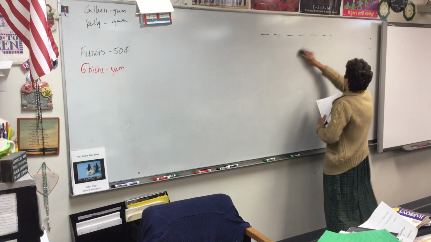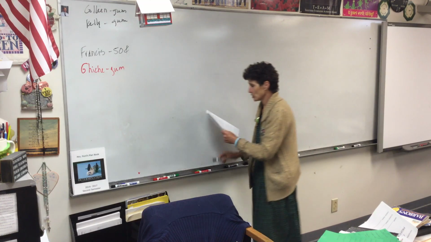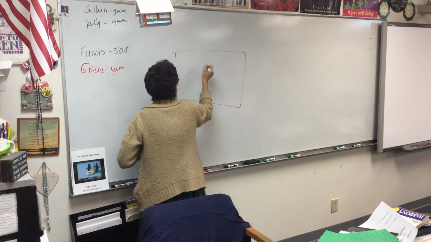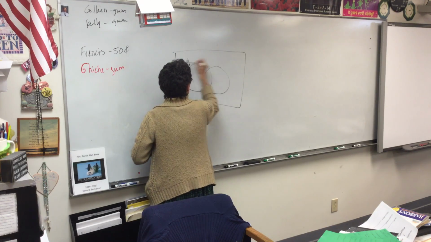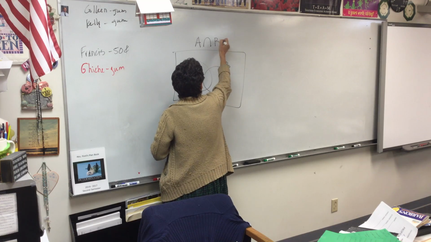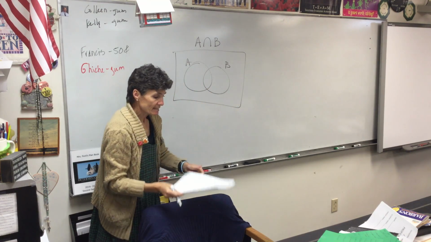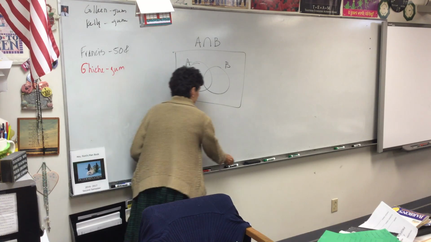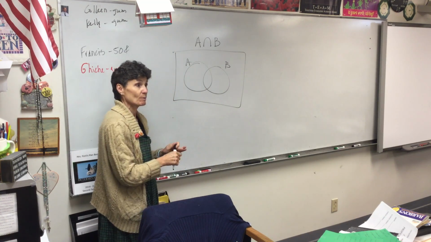So number one says we're going to do a little shading here. And the notation is A intersect B. That upside down U, you probably remember from geometry, is the symbol for intersection. Everybody remember that?